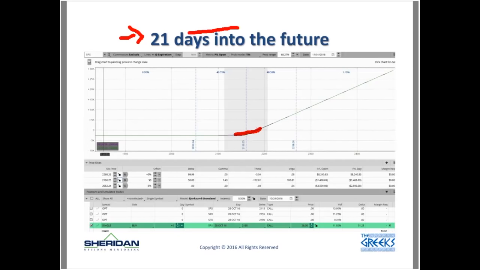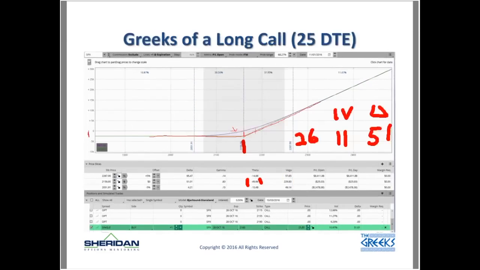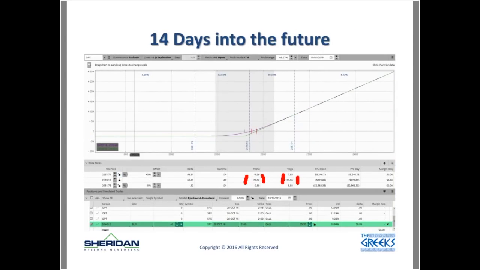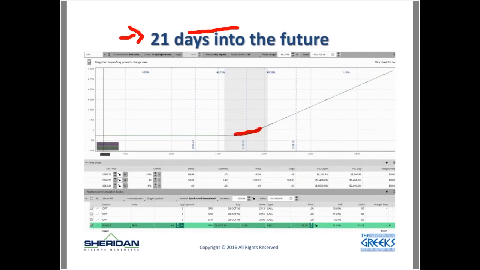So we're 21 days in the future. Your initial theta was 49 minus per day. Then it goes to 71 minus per day, 14 days in the future, 21 days in the future of a 25-day position. That negative theta adds up, and so you can really get hurt. So it's important to understand that.